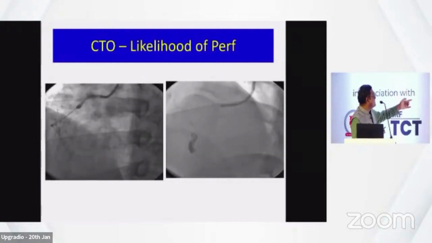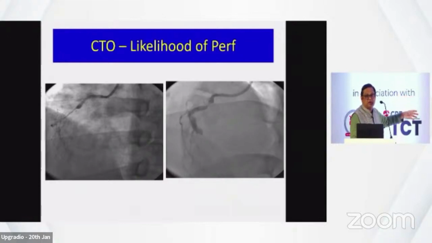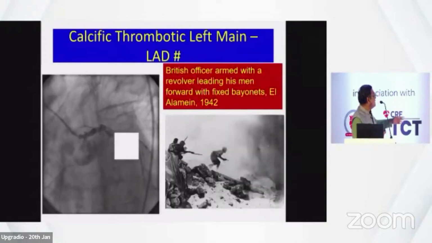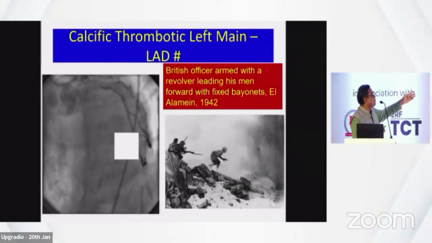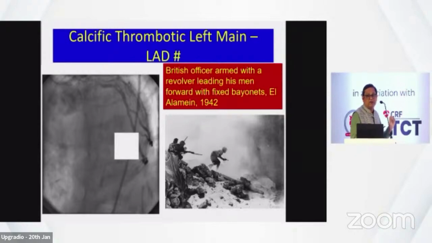So here is a case. This is a CTO, and sure enough, perforation happened in this particular case. If they had anticipated it, they could have prevented it, or been ready to treat it if necessary. Here is another case, a calcific thrombotic left main lesion with LAD occlusion, a very high risk case, a recipe for disaster if not done by an experienced person and with a proper plan.